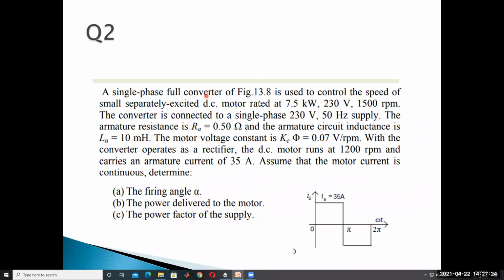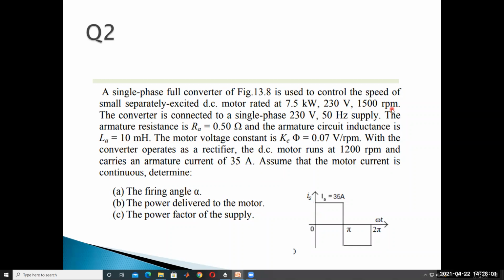A single phase full converter, you know this circuit diagram of full converter, is used to control the speed of a small separately excited DC motor rated at 7.5 kilowatts, 230 volts and 1500 RPM.